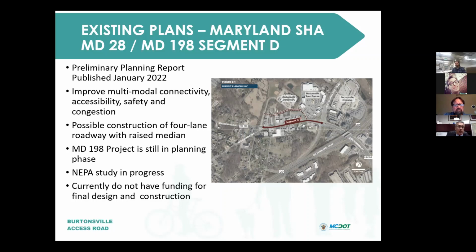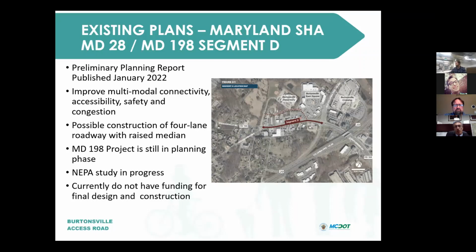But as they have pointed out to me, they need to have funding in place to complete or get the approval for NEPA. And at this point, SHA doesn't have funding in place for final design, let alone construction, of Segment D or any other segments of the Maryland 198, Maryland 28 corridor. So that's an update on SHA's project, but I want to talk about this for a second.